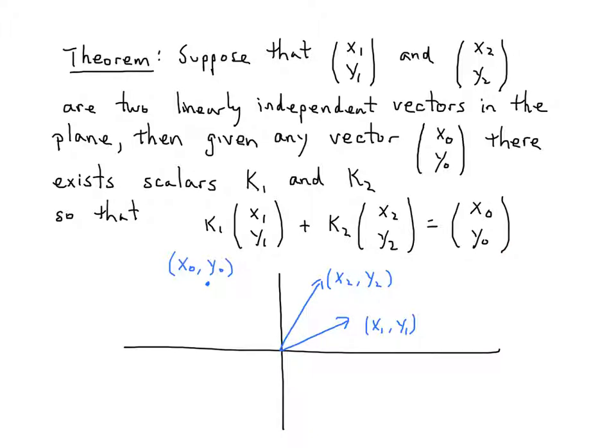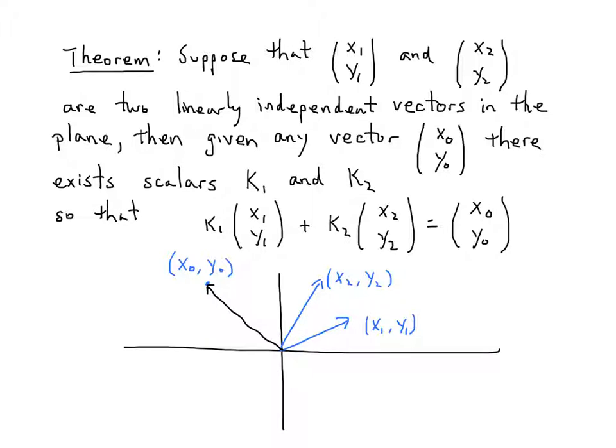What this is saying is that from two linearly independent vectors, so here are two linearly independent vectors, they do not lie in the same line, I can build any other vector. I'm going to try to draw a straight line, not so good, but I can get to any other place, and it doesn't seem that obvious at first, but here would be one approach.